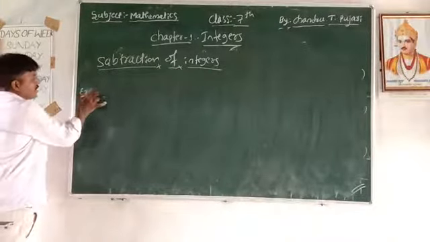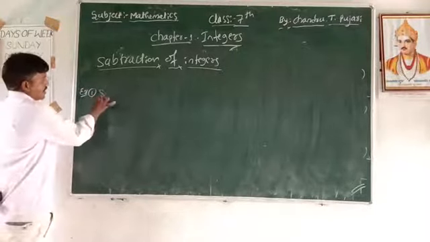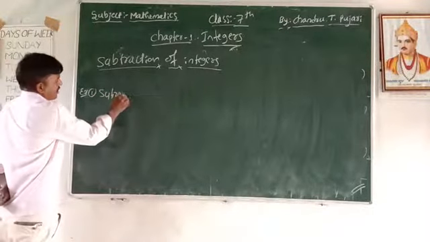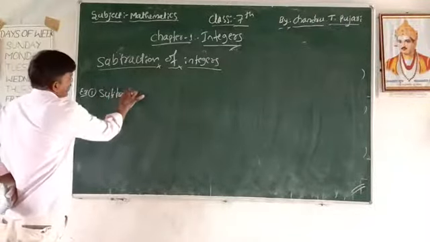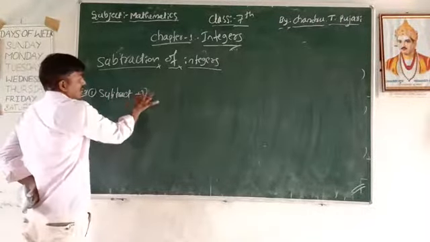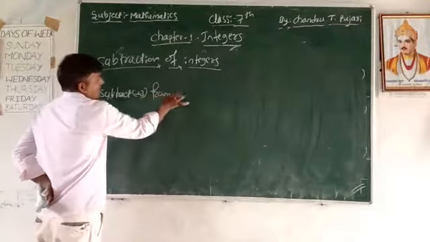Example number 1. Subtract plus 3 from plus 7.